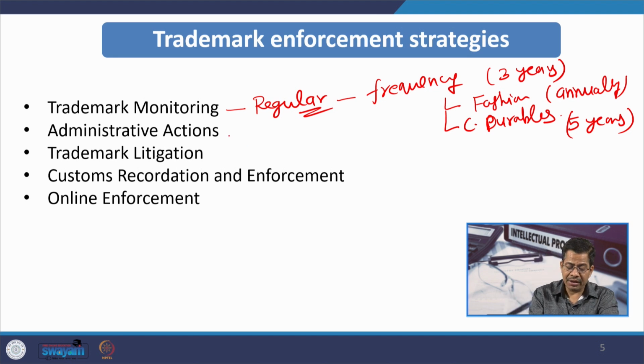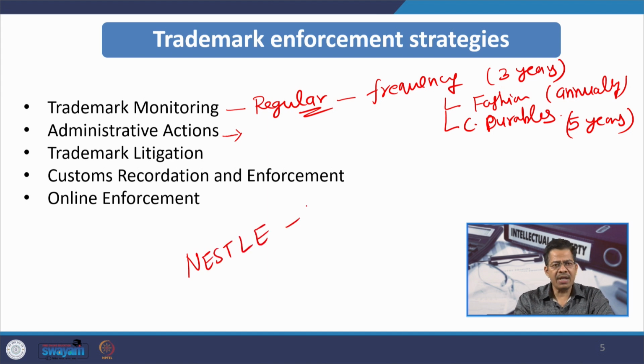Then another important thing is administrative actions related to your trademark enforcement. There is so much paperwork, because you are not only protecting your trademarks in one country, but in many other countries also. So, you need to see what type of administrative actions are required. For example, a company like Nestle has as on date around 800 plus trademarks in its portfolio.